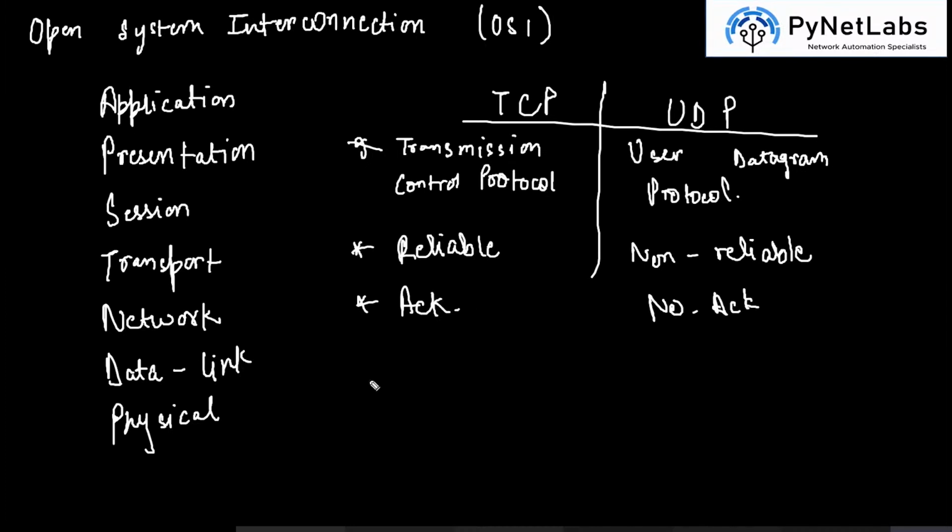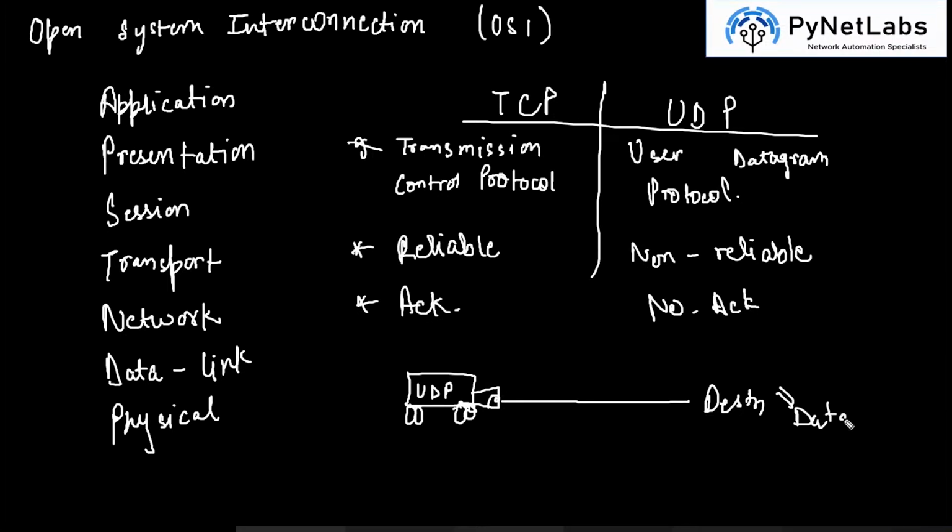So let's say we send our data using UDP. What will happen is this UDP truck leaves the source and reaches the destination. Once it reaches the destination, it will just put the data there and go find another project.